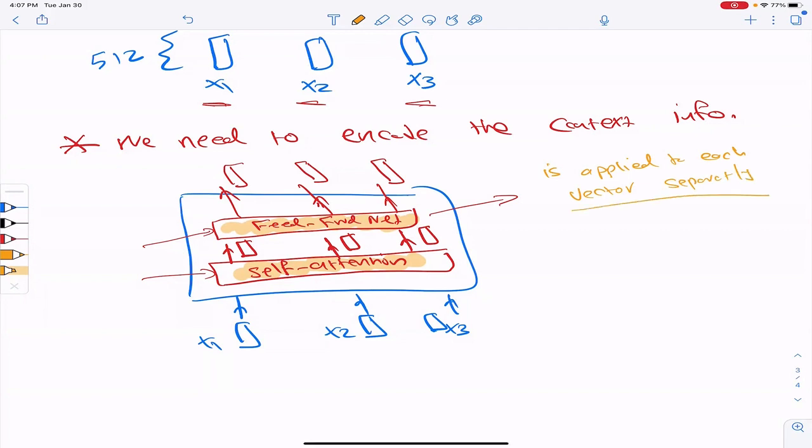But one advantage of this is that this part can be done in parallel. So I have a feed-forward network. It needs to be applied to each token, each of these vectors separately. I can do it in parallel. I don't need to wait for other results to be able to perform that individual operation.